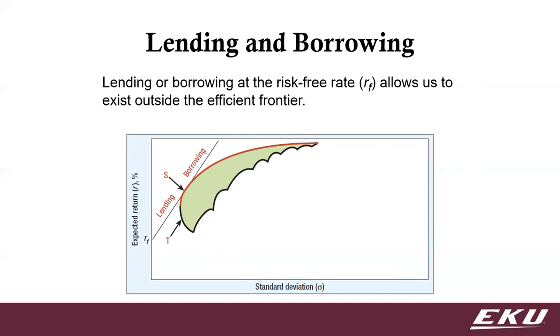If you're not able to, which is how it works in the real world, then this line is actually bent, and it bends back onto this because you're not able to borrow that way. But assuming you could both lend and borrow at this same rate, then you would be able to be anywhere along that line.